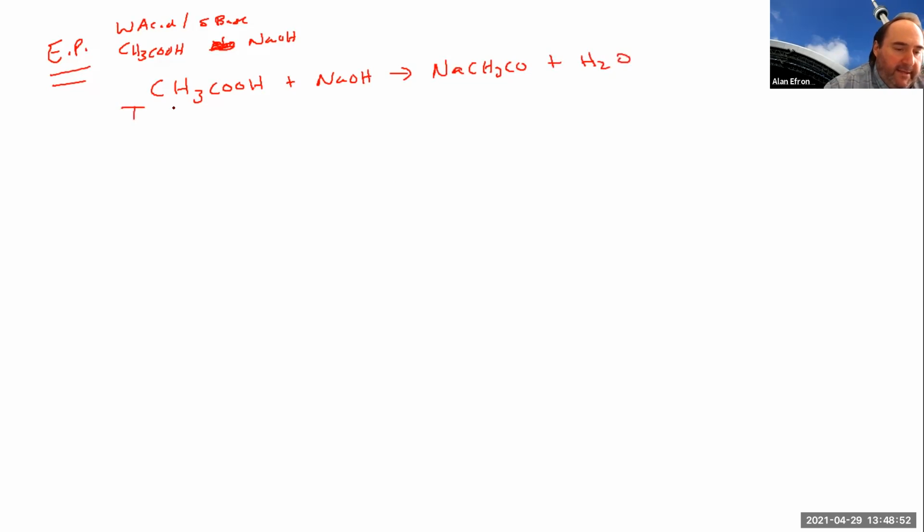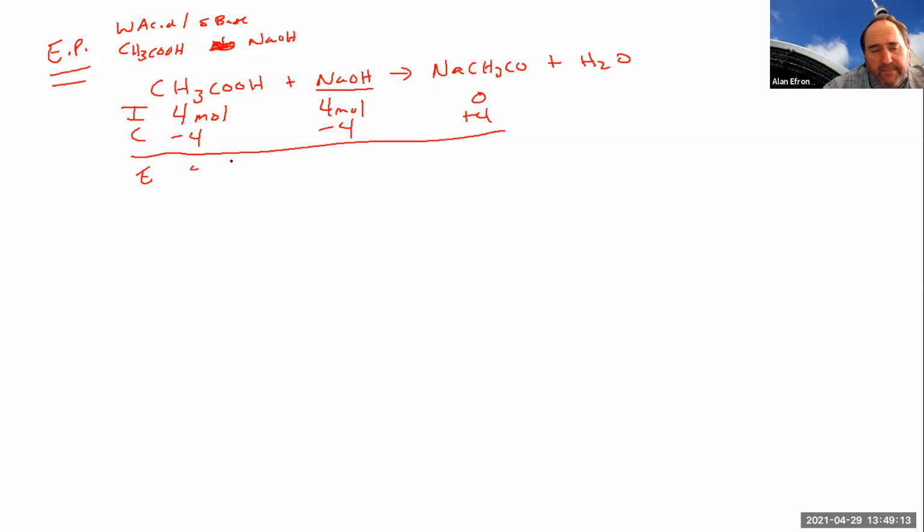Now, if we use my made up examples like I've used before, say 4 moles of acetic acid, if I was at the equivalence point, that means I should have the exact same number of moles of my sodium hydroxide. That means the change here would be -4, -4, +4, which, as we talked about, means we would expect none of these to still be there once you reach the equivalence point.